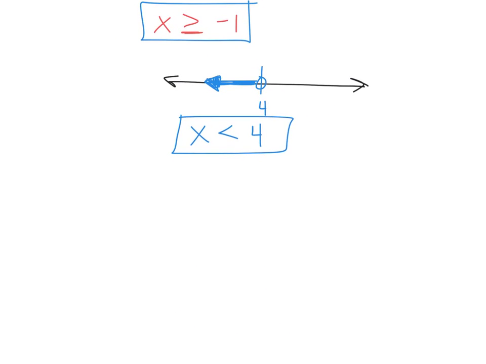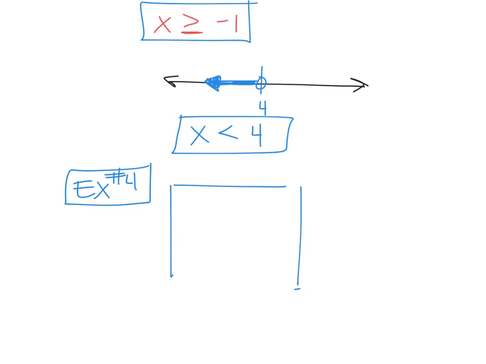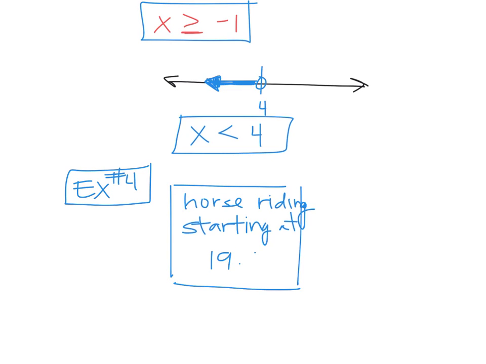All right, last thing. Tell me what inequality you would write from this, okay? You go to, we'll say you go to Glen Oak, and it says you can do horse riding starting at $19.99.